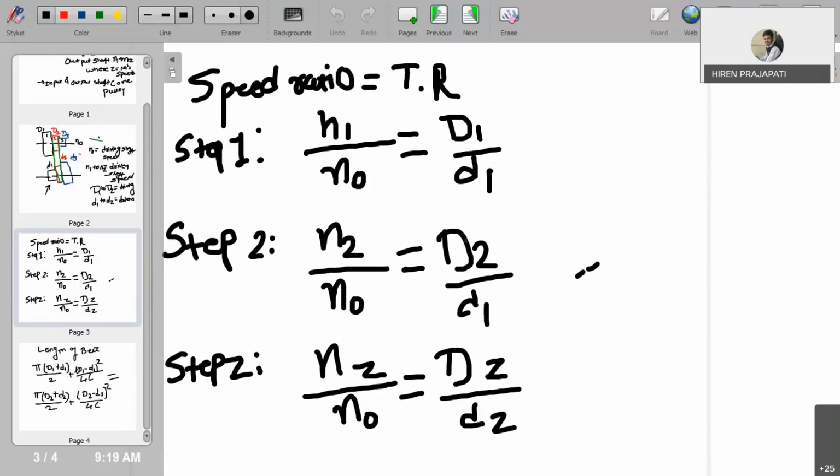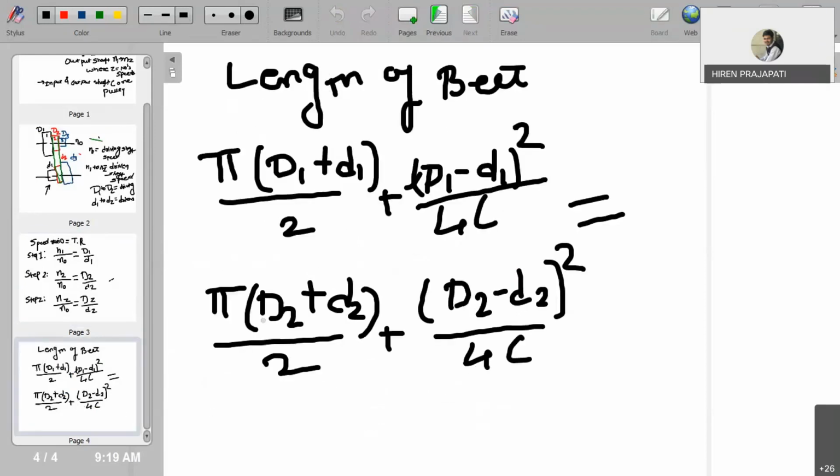Likewise, you can also find out capital D2 and small d2. Sorry, here I have made one mistake. This will be 2 here, right? So using these two equations, the speed ratio equation and the length of belt equation, you can easily find out the diameters of the pulleys.